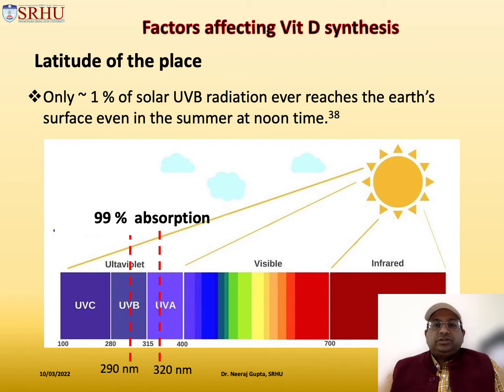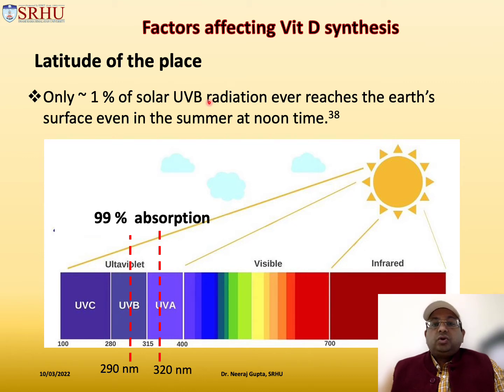In addition, the ozone layer absorbs approximately 99% of the UVB radiation falling under the wavelength 291 to 320 nanometer. And only 1% of solar UVB radiation ever reaches the Earth's surface, even in the summer at noontime.